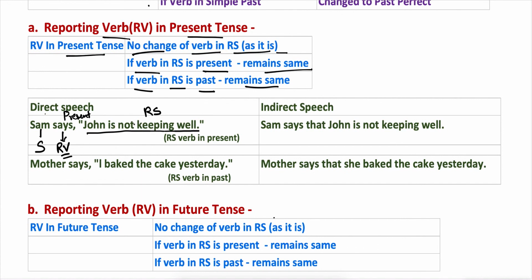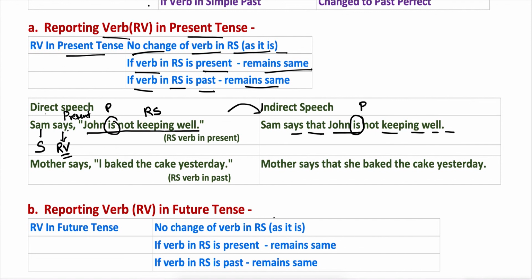So how do we write this sentence in indirect form? Sam says that John is not keeping well. So the tense remains as it is. Here also it is present form, present tense.